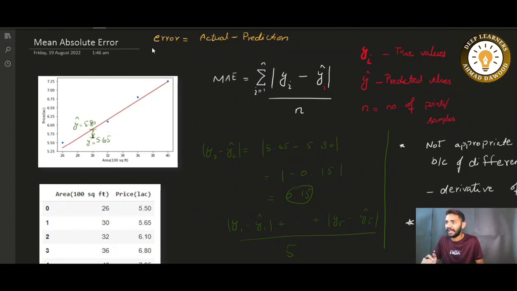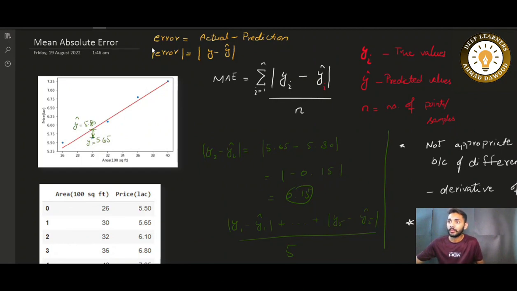Now, absolute means we are taking the absolute value. In sum of squared error, we take the square of that. Here we take the absolute instead of the square, so it is y minus y-hat inside an absolute value. We will also see the reason why we are taking absolute.